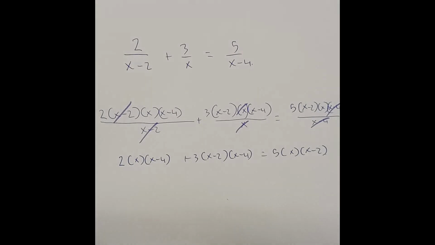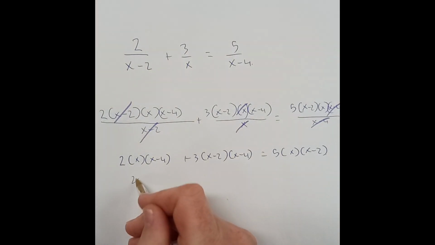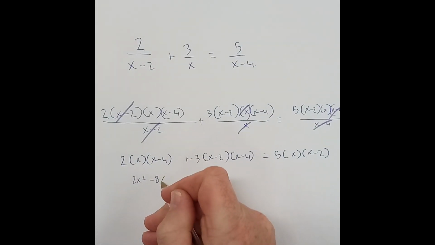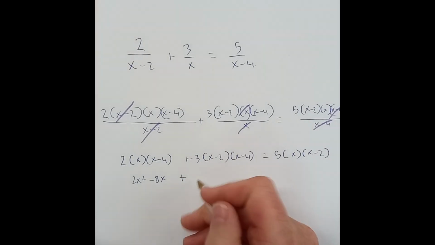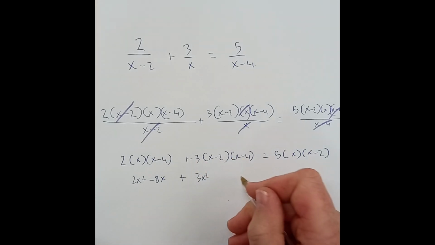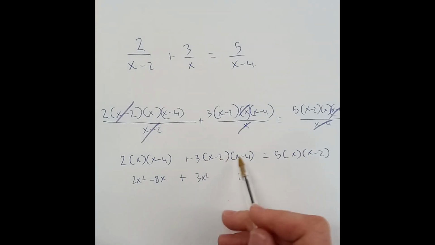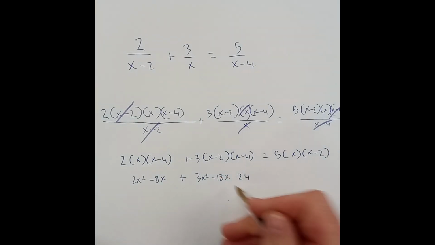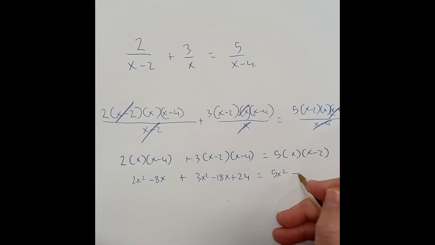Okay, so let's have a look at what this does. 2 times x is 2x squared, and 2 times x times 4 is minus 8x, plus 3 times x squared, 3 times 8 is 24, and then minus 4x minus 2x is minus 6x, minus 18x. And that is 5x squared minus 10x.